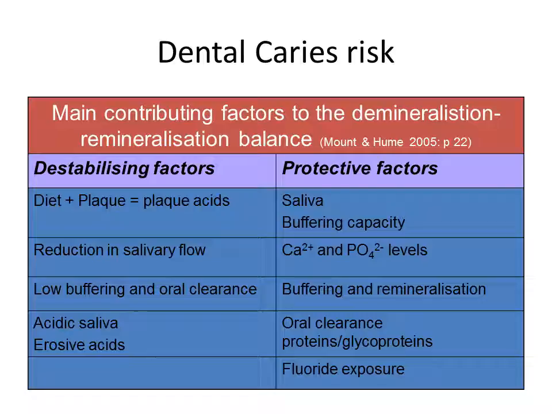So that would require a knowledge of the fluoride in the environment that a person lives in, so knowing which areas are supplied with fluoridated water, but also asking our patients to report to us any products that they may use that contain fluorides.